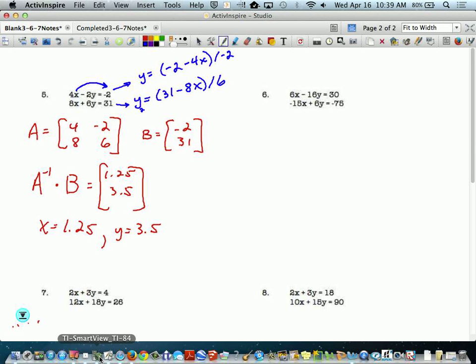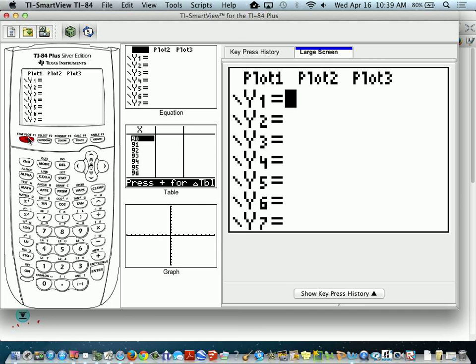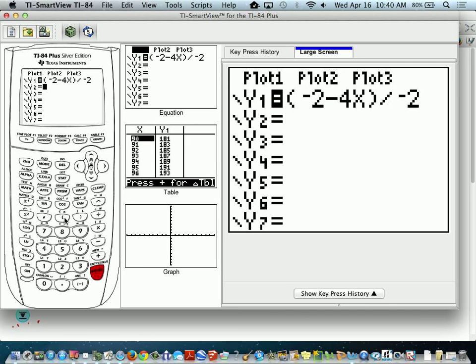So when you go to your calculator, we have parentheses, negative 2 minus 4x divided by negative 2. So that's the first equation. Then I have parentheses 31 minus 8x divided by 6.